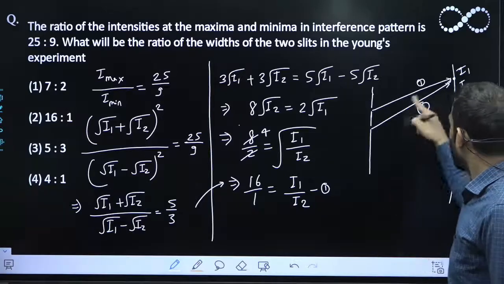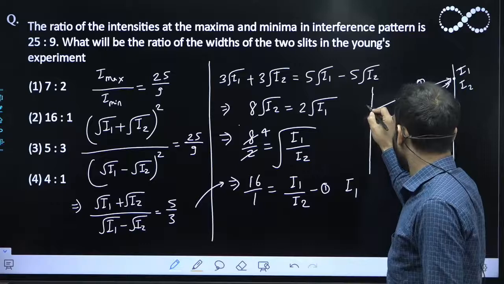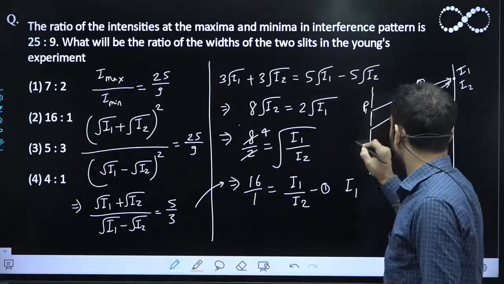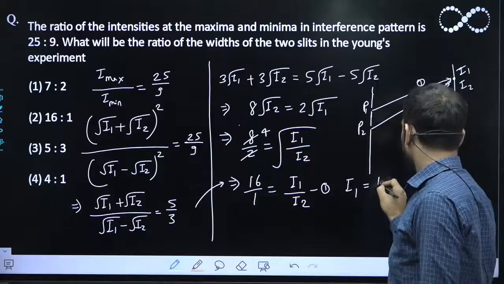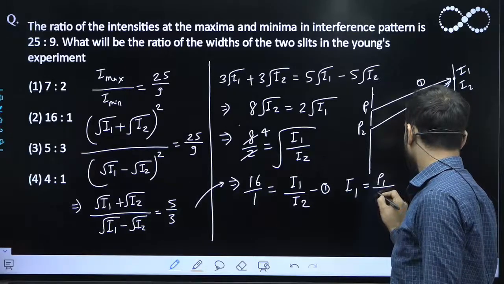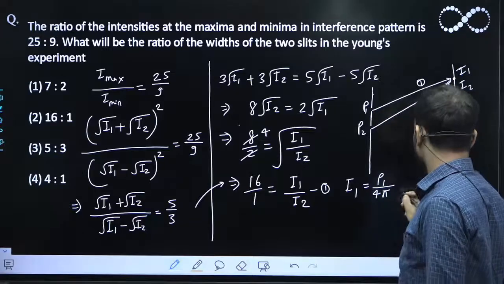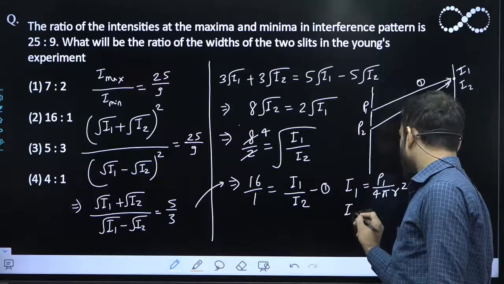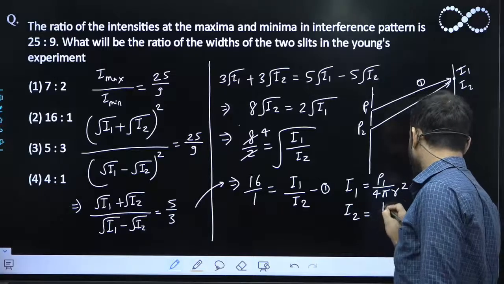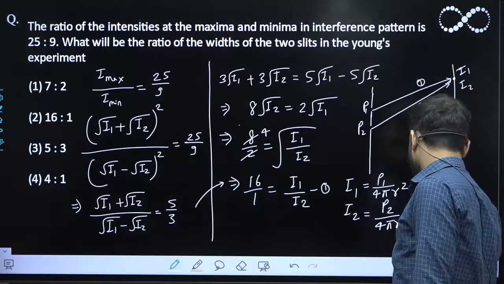Now this intensity I1 can be written like this: suppose the power here is P1, and here the power is P2. So I1 will be equal to P1 upon 4 pi r square, where r is approximately the distance from the slit to the point, and I2 will be equal to P2 divided by 4 pi r square.